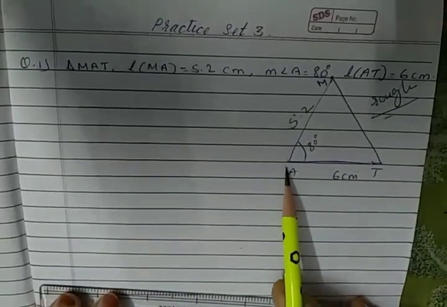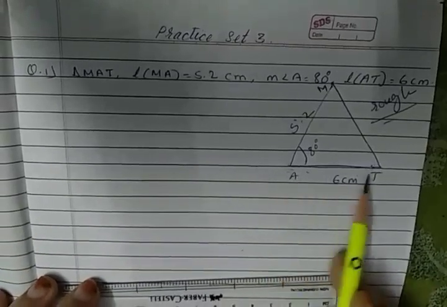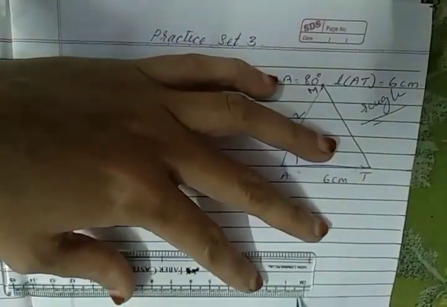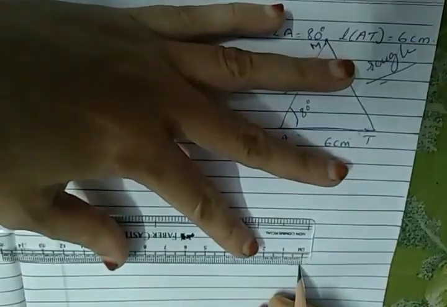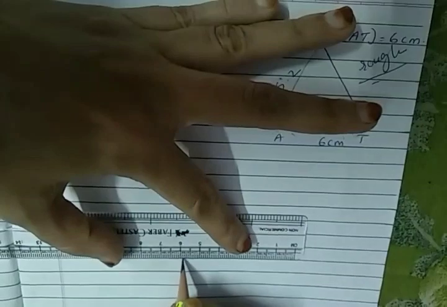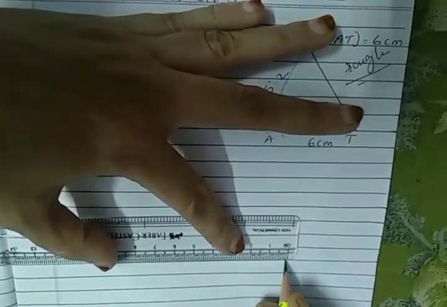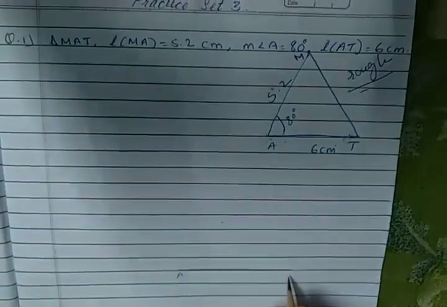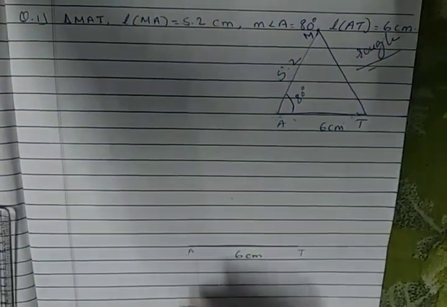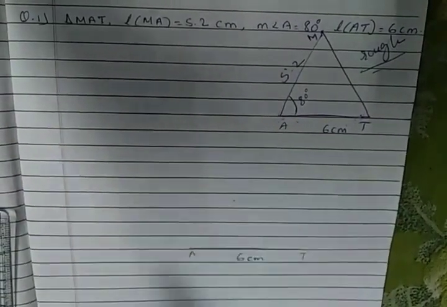First we will take AT as the base, of length 6 centimeter. So here I am making the 6 centimeter length of AT. You have to take an accurate 6 centimeter. AT, 6 centimeter. And angle A is given as 80 degree.